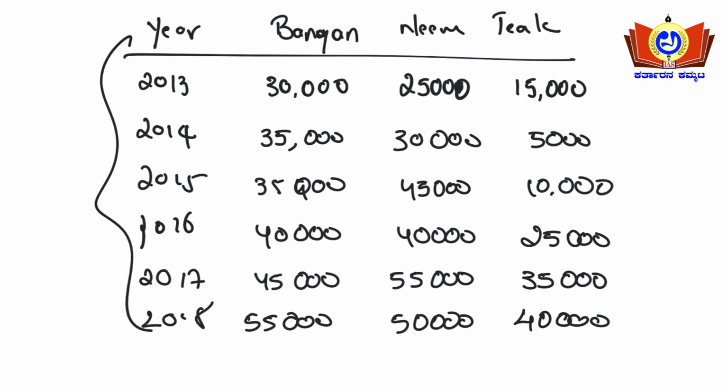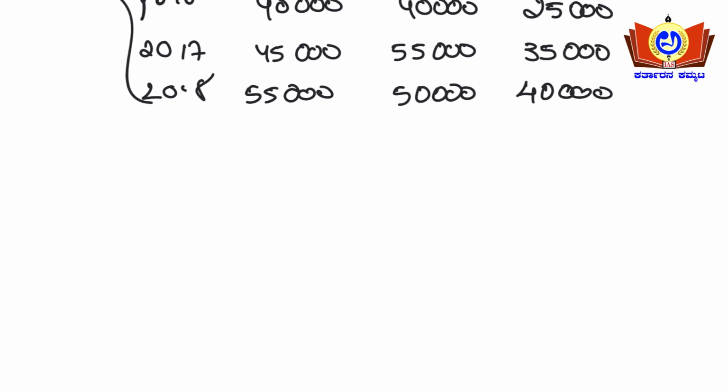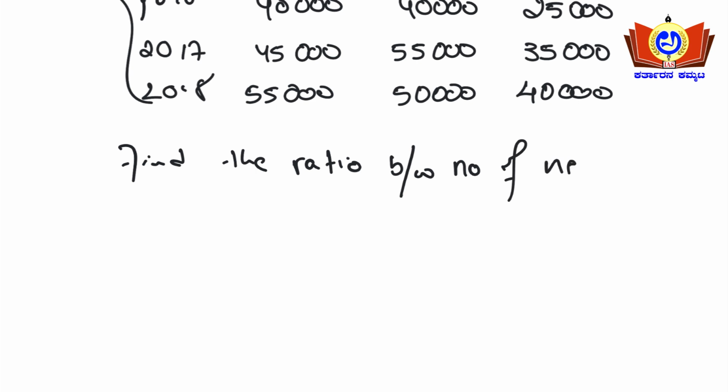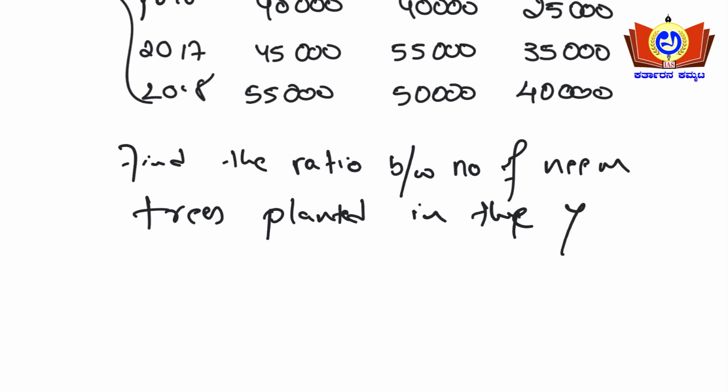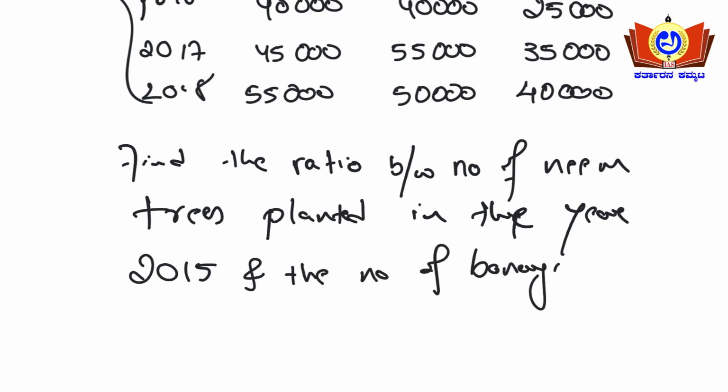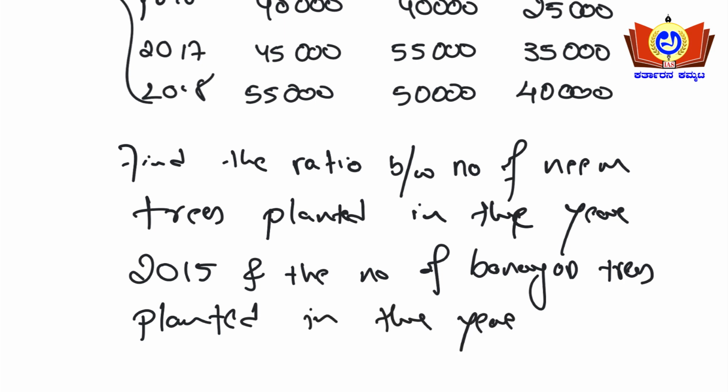Based upon this tabular column, one of the questions might be: find the ratio between the number of neem trees planted in the year 2015 and the number of banyan trees planted in the year 2014.